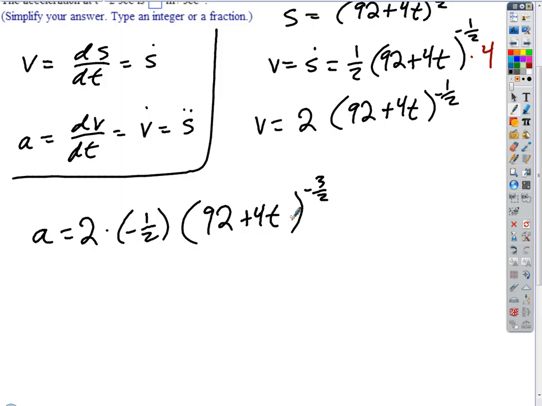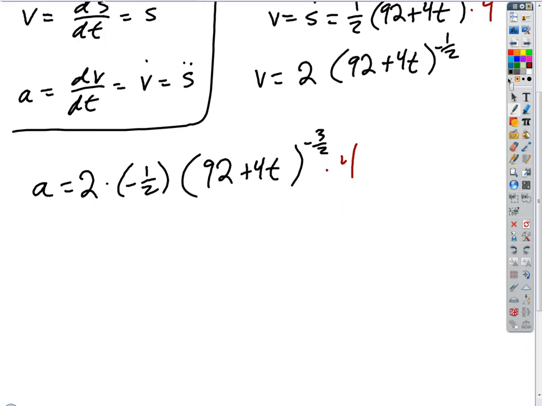And then once again, the derivative of the inside, 4. Good. If we combine all the constants, I just get negative 4, right? Because 2 times negative 1/2 is negative 1 times 4. So negative 4 times the quantity 92 plus 4t to the negative 3/2.